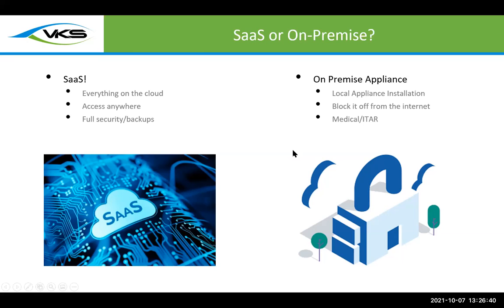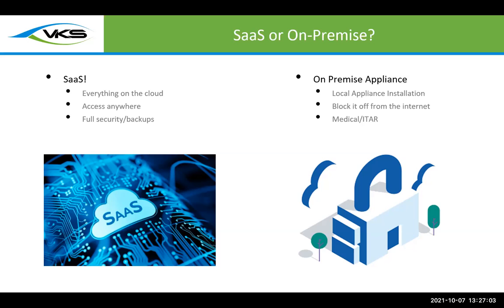Another decision to make is, do you need something that's on the cloud, SaaS, or do you need something that is on premise, locally installed? A lot of times medical and ITAR customers want something that's locally installed. You want to put up the castle walls and block everything off from the internet, and then control and maintain it yourself.